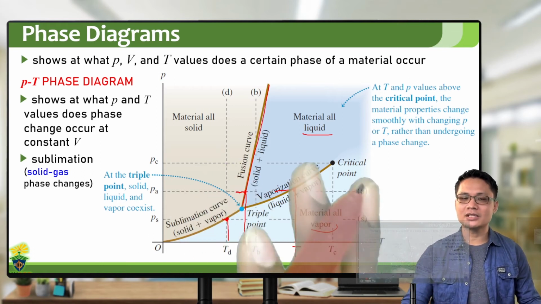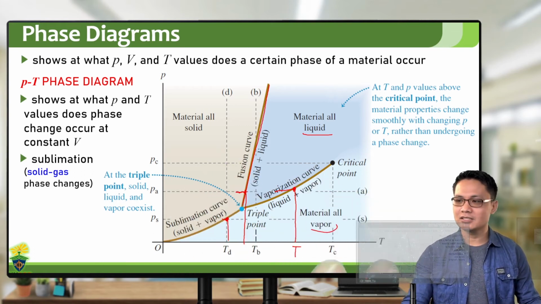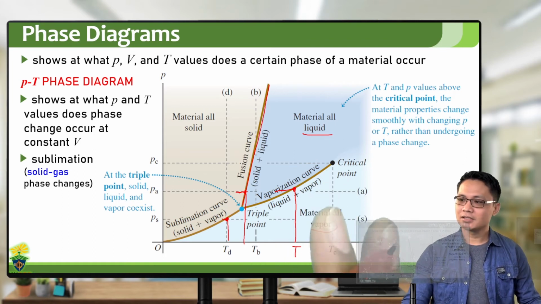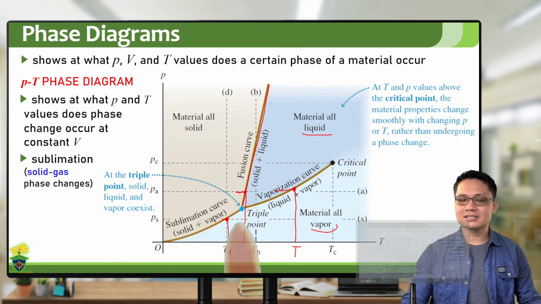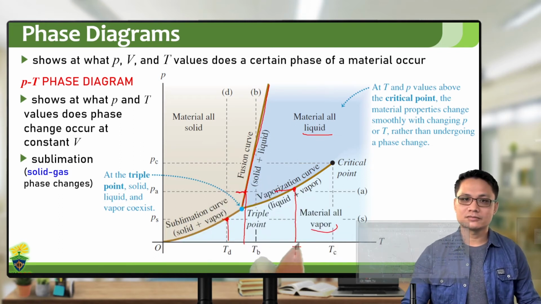That is only exhibited at a certain critical point, that is, at a specific fixed amount of pressure and temperature.